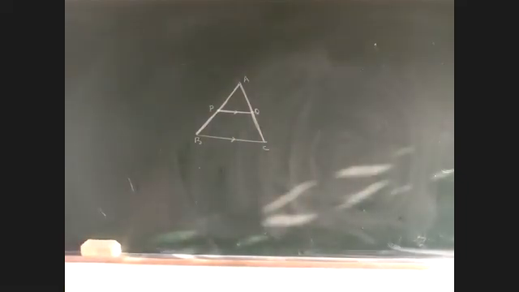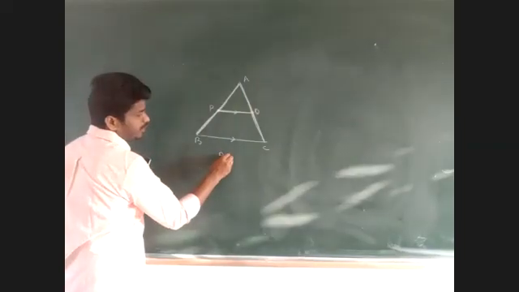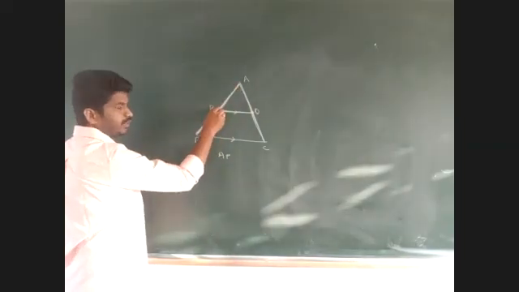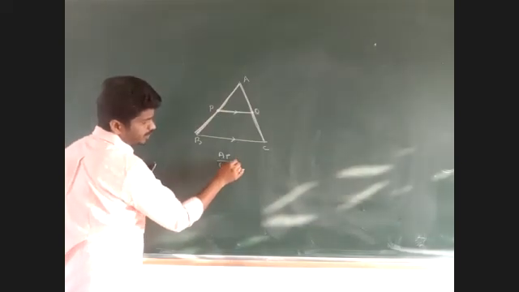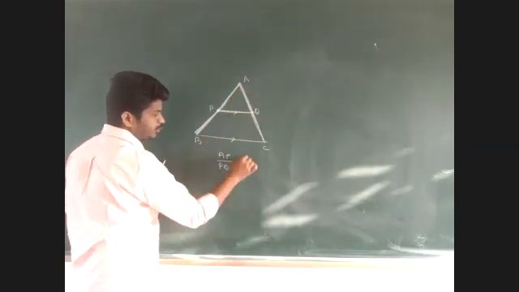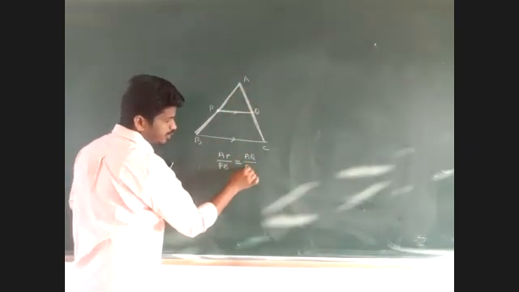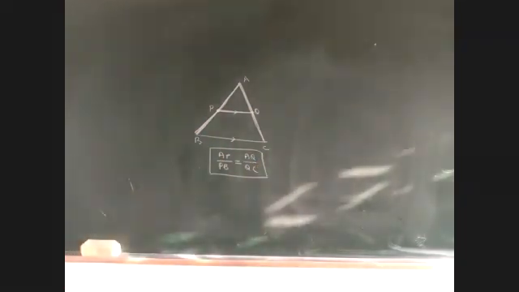Now, PQ line divides the other 2 sides in the same ratio, that is AP, first side, by PB, second side, equal to, coming to the second side, AQ by QC. So this is the basic proportionality theorem formula. Is it clear, all of you?